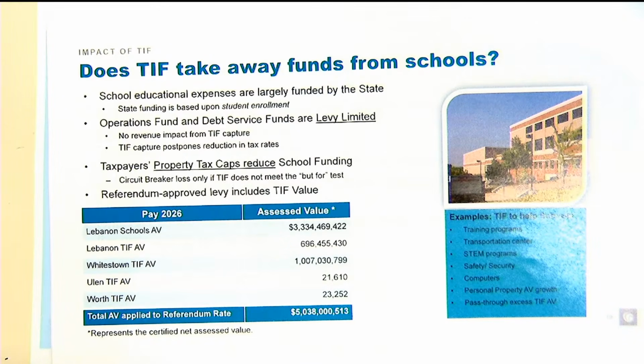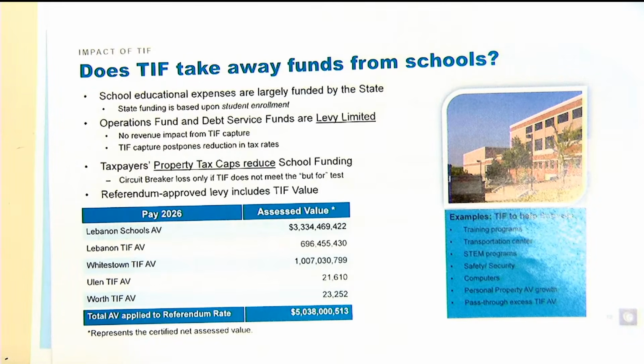So any new assessed value does not mean new dollars are generated. It might have downward pressure on tax rates and might have a little bit less circuit breaker, but it does not mean that a lot of new dollars will come from any new assessed value that comes onto the schools. But the schools do see some benefits from TIF.